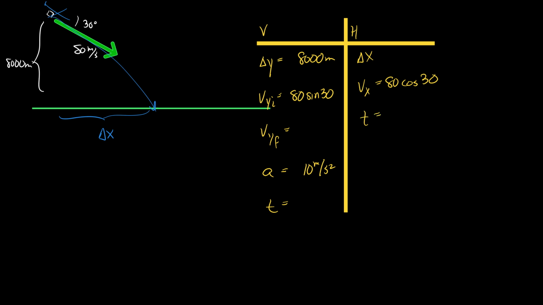Since it's your problem, do you want upwards to be positive or upwards to be negative? Upwards is positive. Do you want the right to be positive or negative? Right to be positive. All righty. The package falls downwards 8,000 meters, has an initial downwards velocity of 80 sine 30 and has a downwards acceleration of 10. But it is traveling to the right. So there we go.